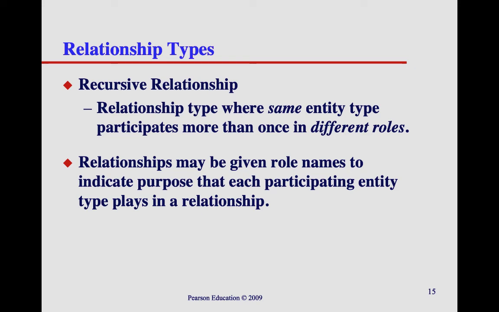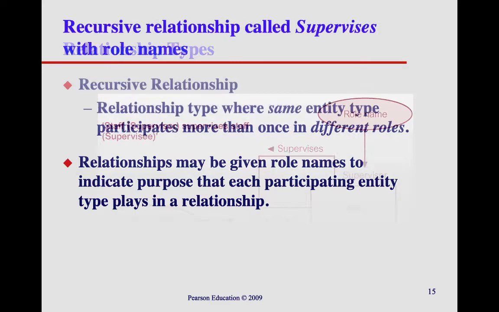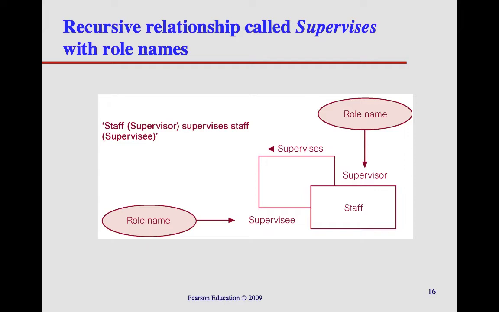Okay. You also can get what are called recursive relationships, and that is where the same entity is involved twice in the relationship. So for example, you have staff and someone supervises or has a manager. So in that case, the staff has a relationship with itself.